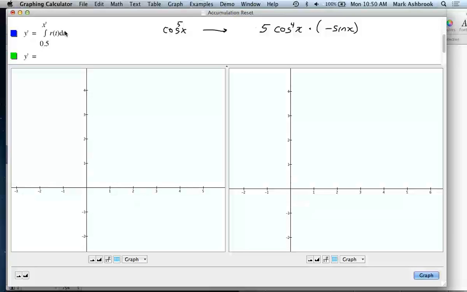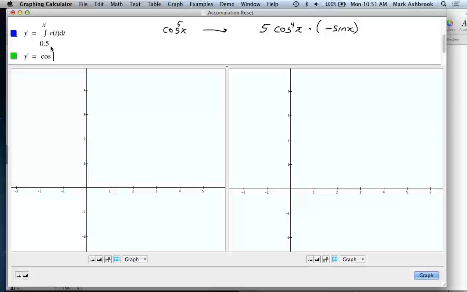Or sorry, closed form. Can you give me the closed form accumulation function for this open form with a restart or a reset at 0.5? F of... oh no, sorry.